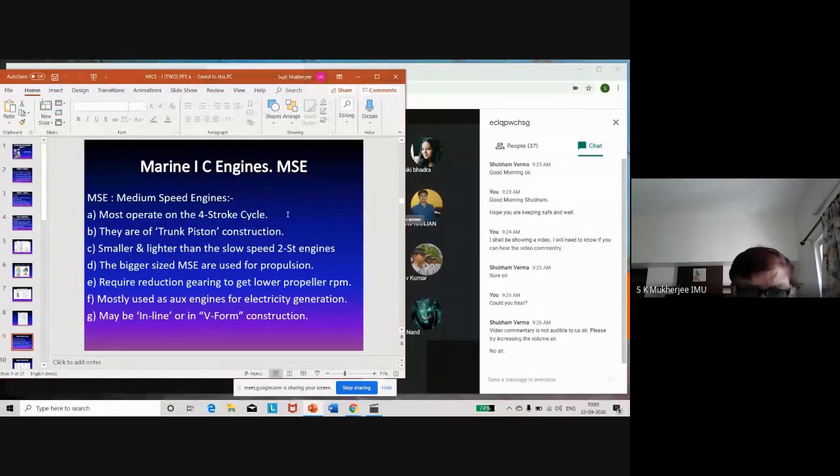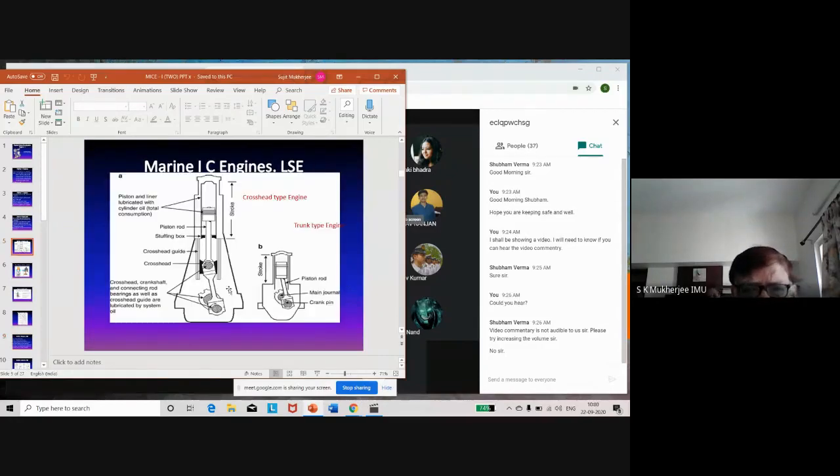Now, these medium speed engines are basically of the trunk piston construction. In my earlier diagram, I had told you, medium speed engine, this is the trunk piston construction. This can be for two-stroke engines and also for four-stroke engines. What does it mean? It means the trunk of the piston, which extends from where the rings are till the bottom of the piston, is called the trunk of the piston. And that is the part which takes the lateral thrust when there is an angularity of the connecting rod.